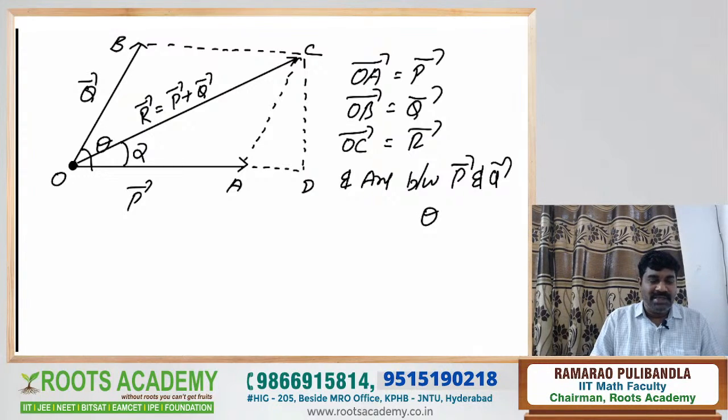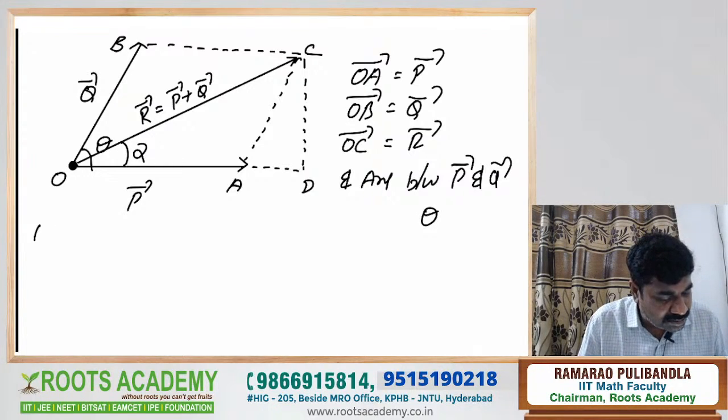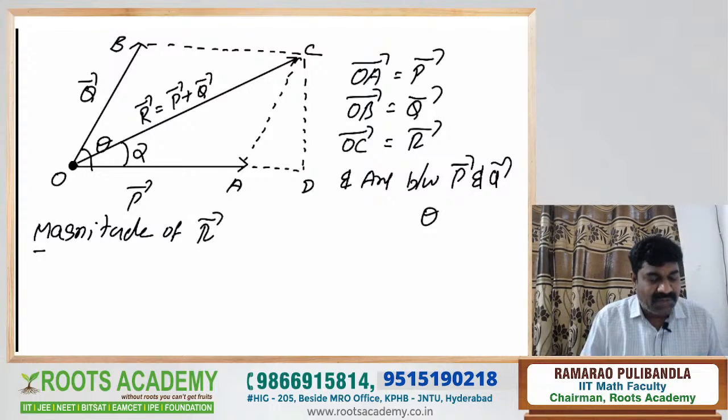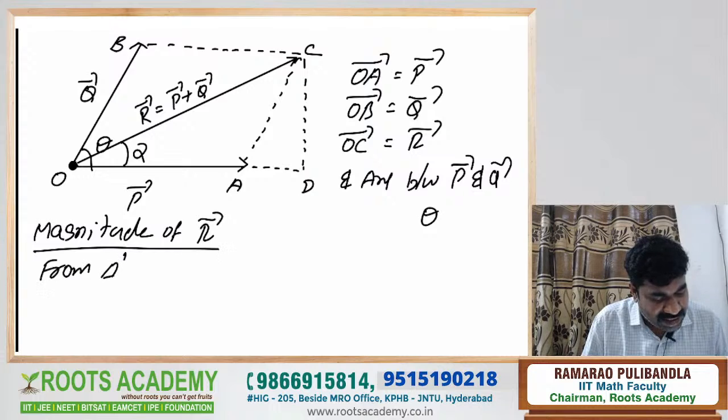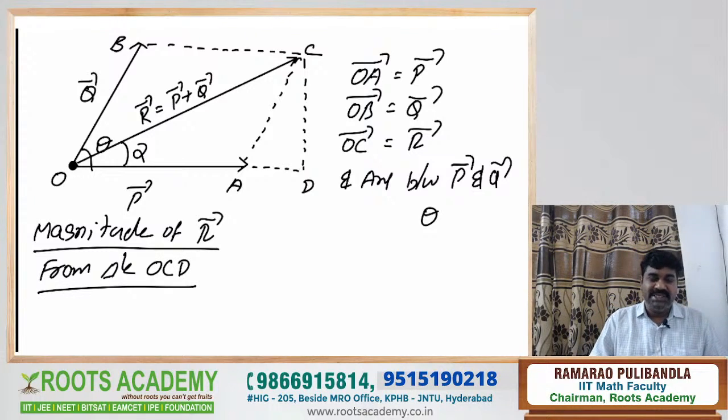Now we want to find the magnitude of the vector R bar. First of all, we take the big right angle triangle OCD.